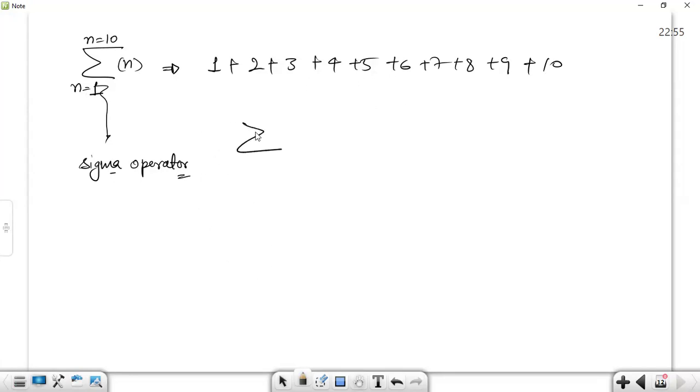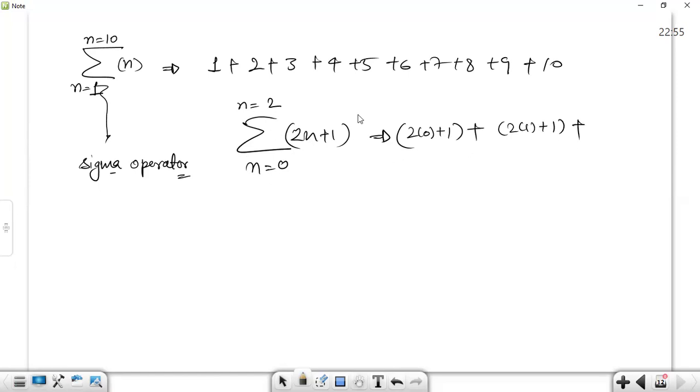So if the function was somewhat like this, and n was from 0 to 2, then first let's find the function's output for n equals 0. That is 2 into 0 plus 1. Now for n equals 1, that is 2 into 1 plus 1.